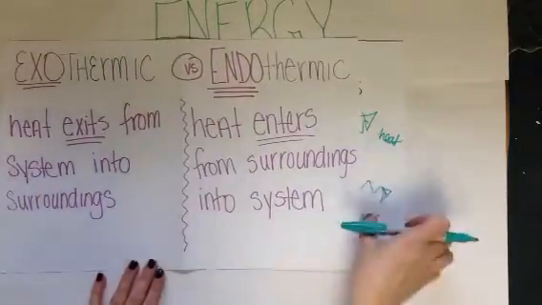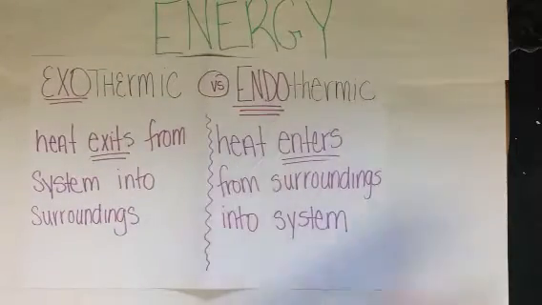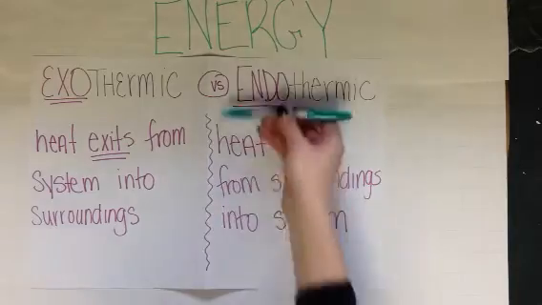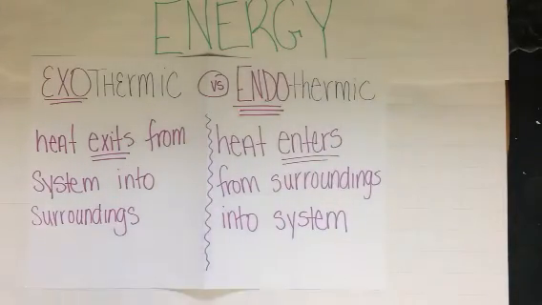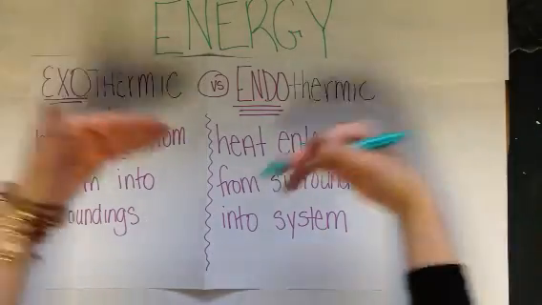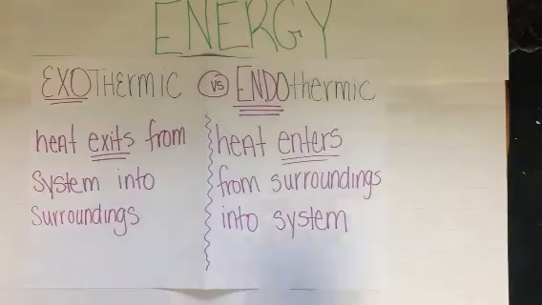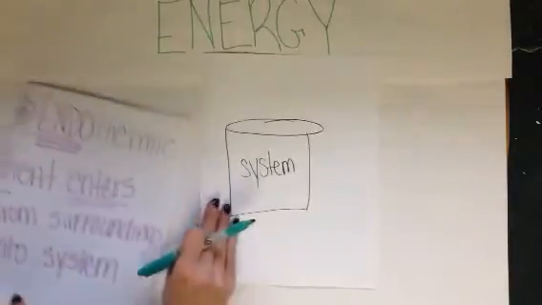On the flip side, we have something called an endothermic reaction. And as you can guess, it's opposite of exothermic. Endo sounds like the word enter. And so in this type of reaction, heat is entering into the system from where? The surroundings. So let's draw a picture that represents that.